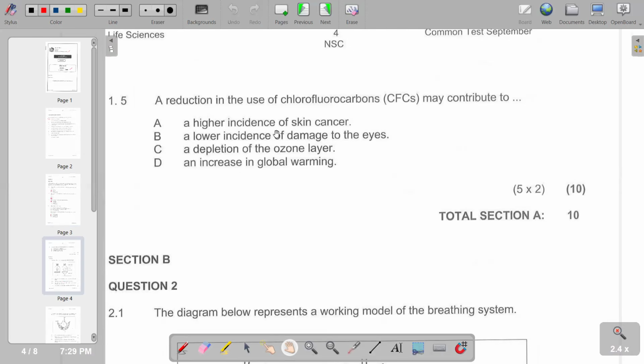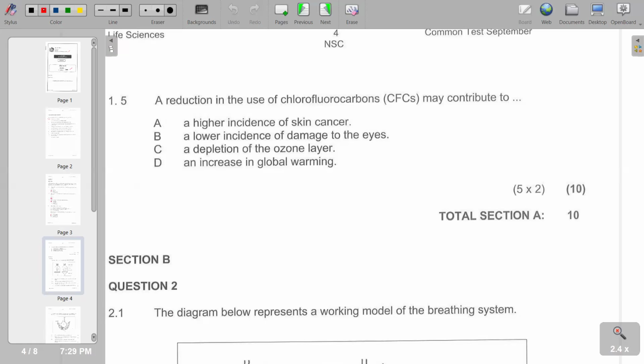B, a lower incidence of damage to the eyes. C, a depletion of the ozone layer. D, an increase in global warming. That leaves us with B as the correct response, a lower incidence of damage to the eyes.